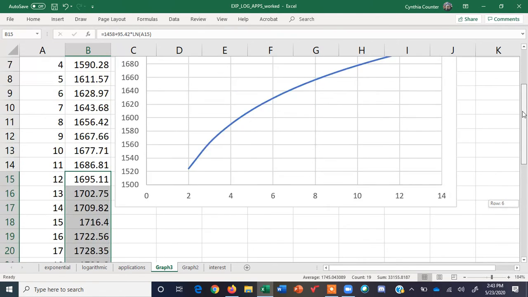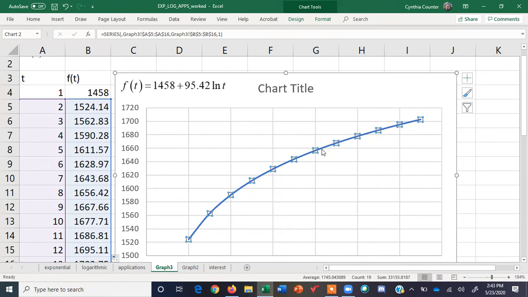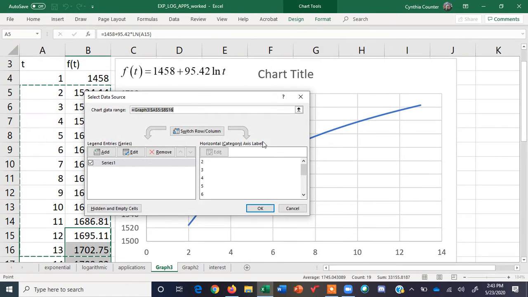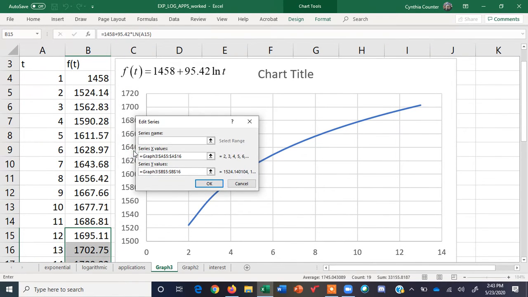Okay. What we can do is I'll click on here, go to Design, select Data. And now I want to edit my input here. Okay, we want X to start at A4. Wonder why it says A5. I might have missed something here too. Huh, I did miss something there, right?